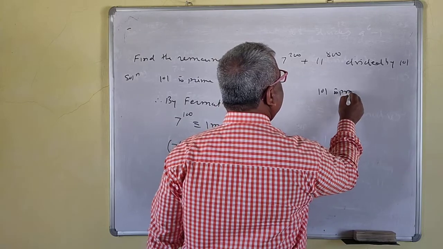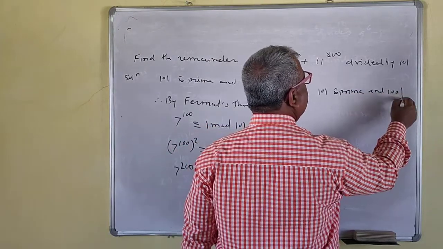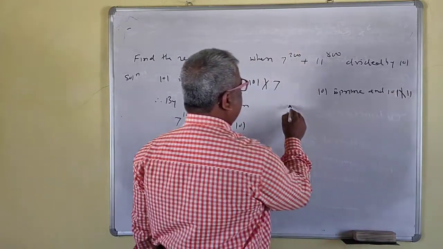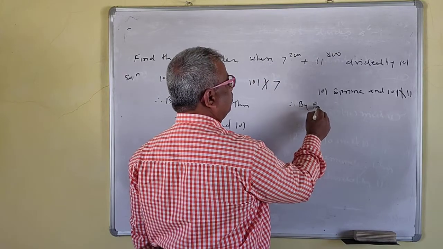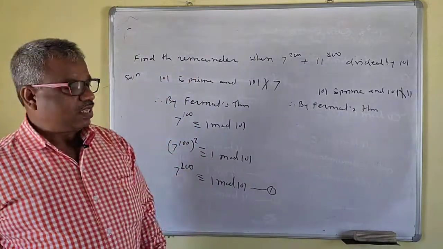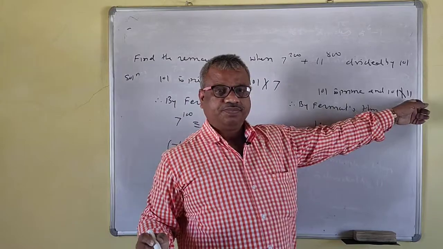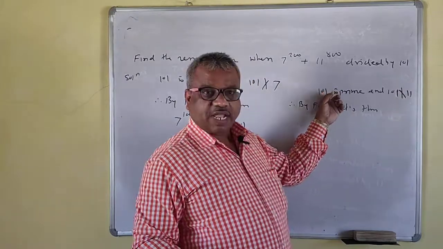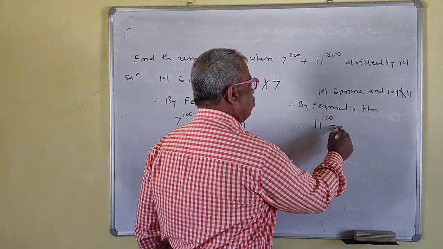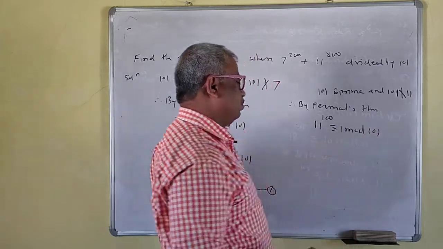Again, 101 is prime and 101 does not divide 11. Therefore by Fermat's theorem, 11 raised to p minus 1, that means 100, is congruent to 1 mod 101.